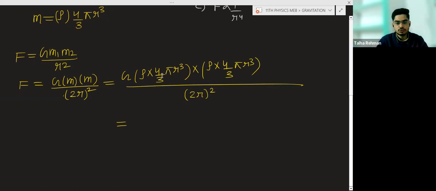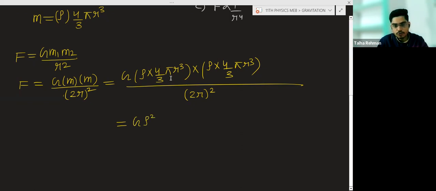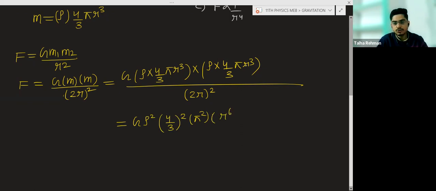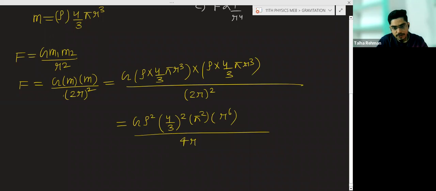We will get G into rho square, because this is rho and this is rho, 4 by 3 square, pi square and r to the power 6, because this is r cube and r cube. And in the denominator we have 4r square.